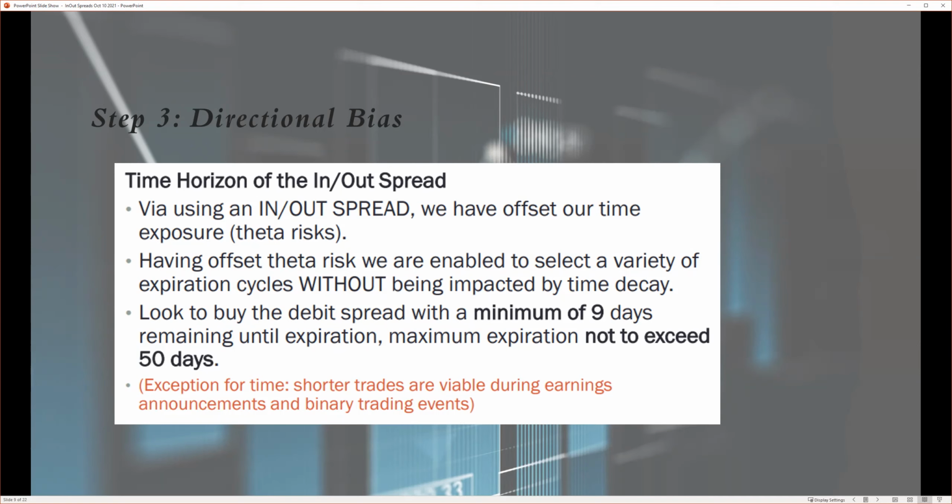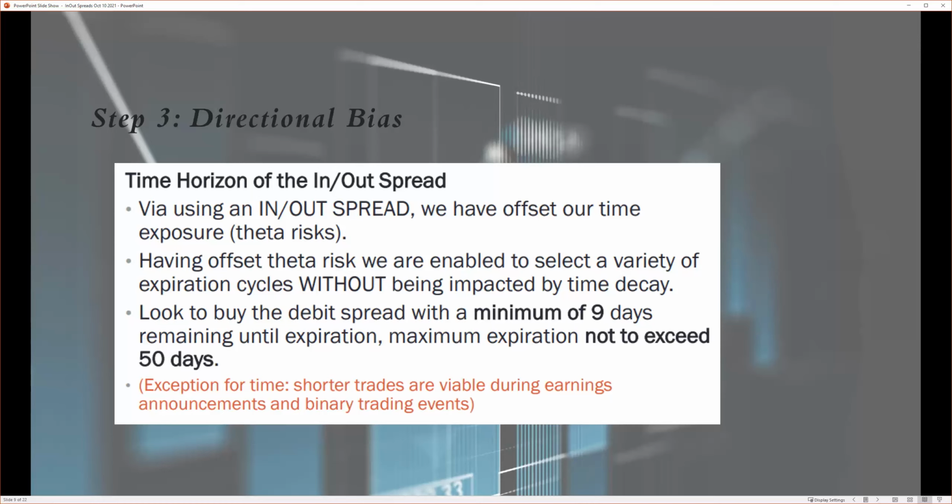So if we really want to be biased on something, say tomorrow is going to be the job reports, and I think that we're going to be bearish because of the job reports, that is the only time that you can take less than 9 days, because you already have a binary event taking place in the very near future. And you know that that event is going to create a catalyst that is going to move the price, right?